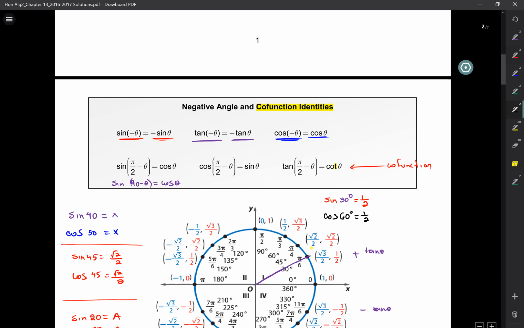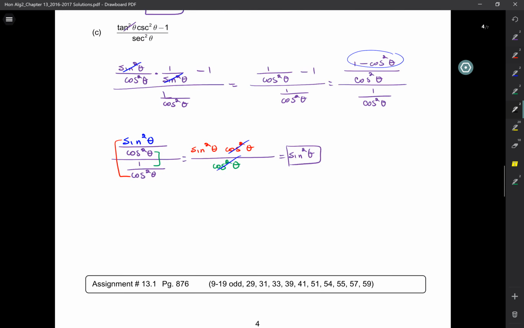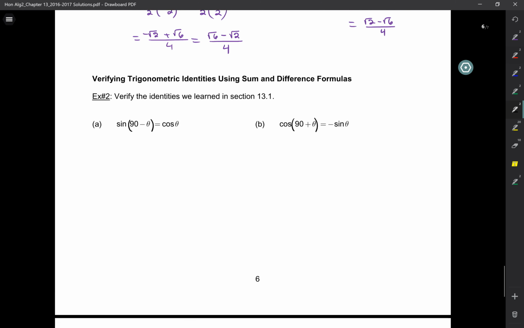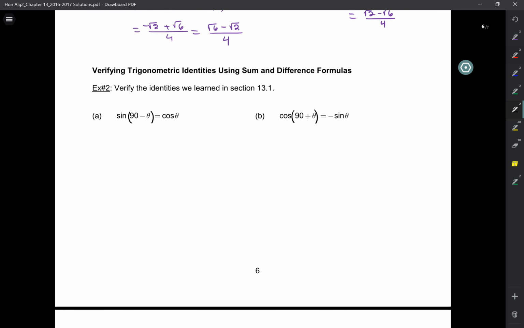If this was in radian form, we wrote it in degree form as sine of 90 minus theta is equal to cosine of theta, right? So let's see how that came to be. Right here I have sine of 90 minus theta, and I want to ask myself, is that really equal to cosine of theta?